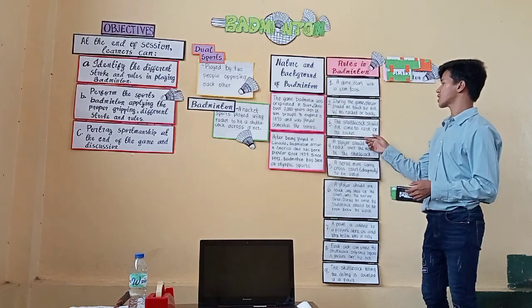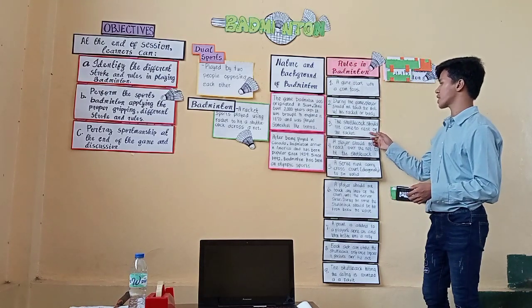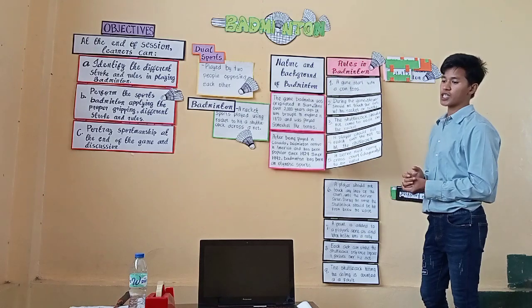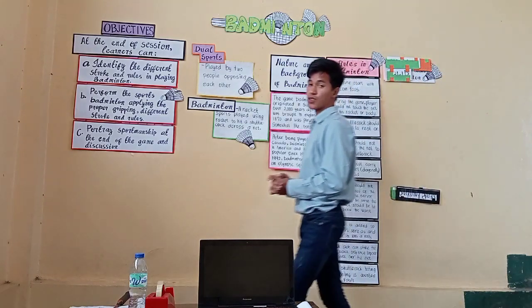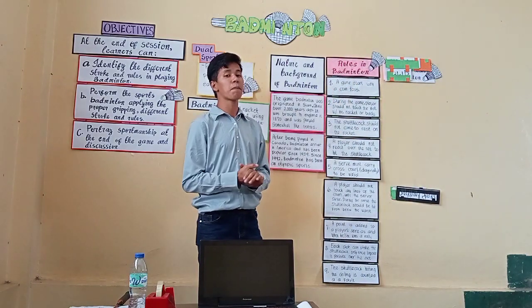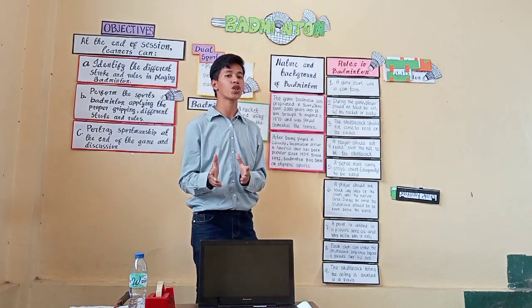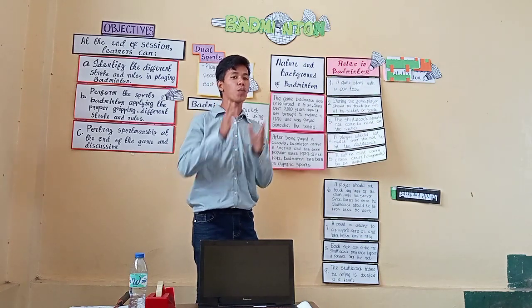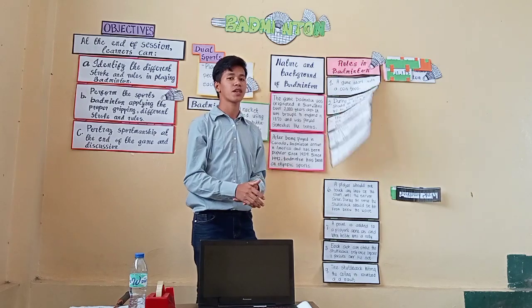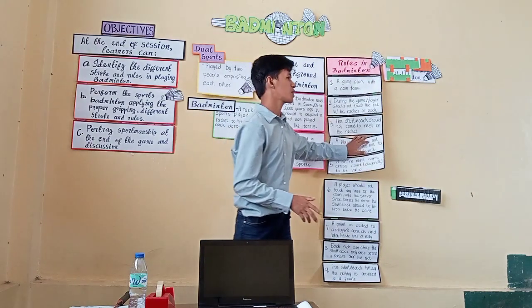The third rule is the shuttlecock should not come to rest on the racket. The shuttlecock must not rest on the racket because if that happens, automatically the score will go to the opposing team.